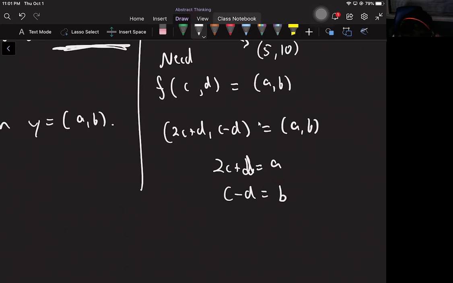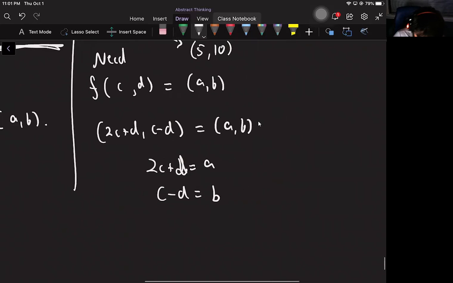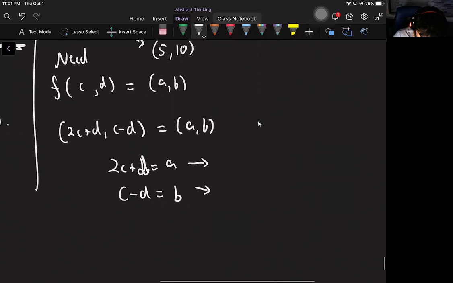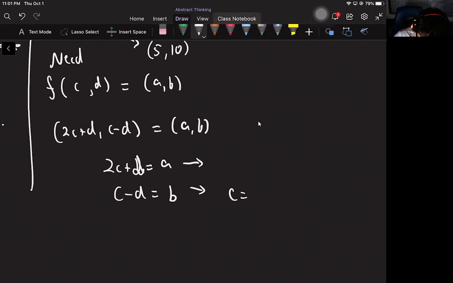One thing I could say is that c equals b plus d, and d equals a minus 2c. Then I could plug that in and get c in terms of a and b only. So let's see.